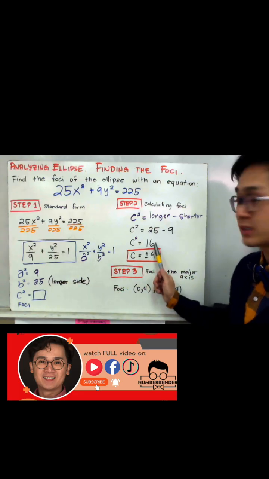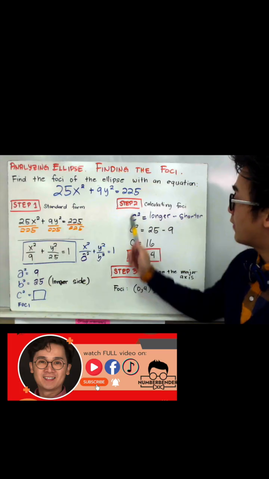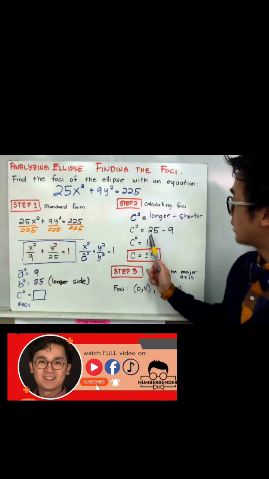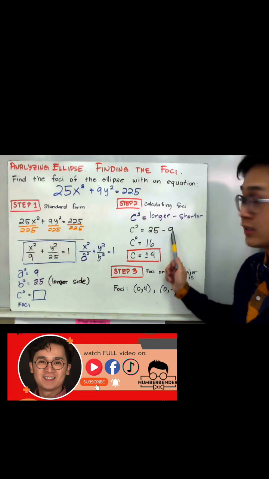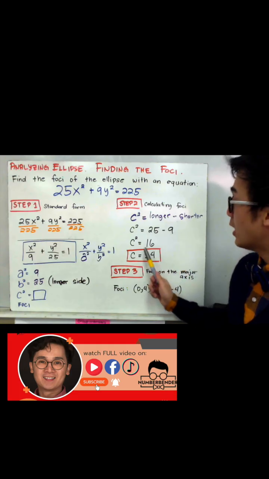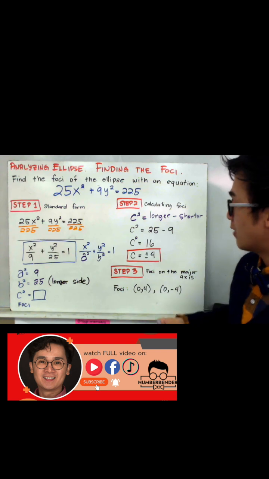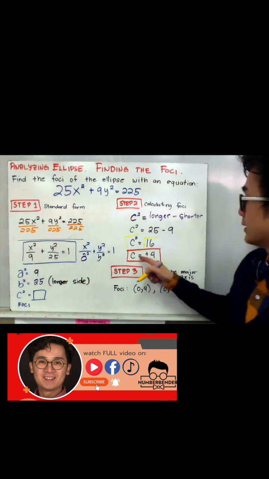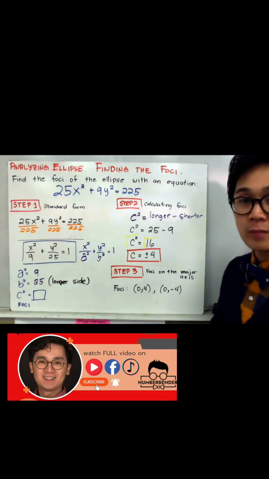so you'll have c squared equal to 16. In finding the foci, always remember that you need to subtract the shorter from the longer so you'll have a positive value. So we have c squared is equal to 16, and if you take the square root of both sides, we'll have c equal to plus or minus 4.